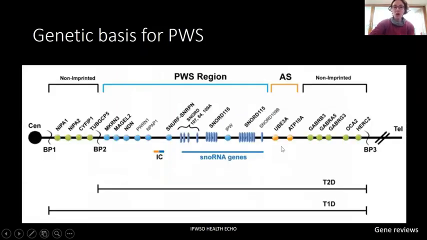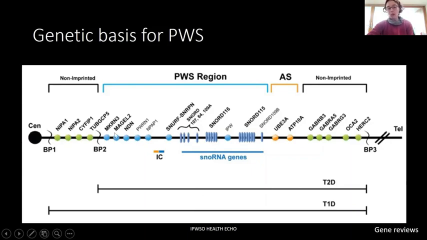Here is a cartoon of the PWS region. For those of you who don't know it, it's quite complicated. Here you can see the two typical deletions, typical deletion 1 and typical deletion 2, one going from breakpoints 1 to 3, the other from breakpoints 2 to 3. There's no good evidence that I'm aware of of any genotype-phenotype correlation dependent on deletion size.